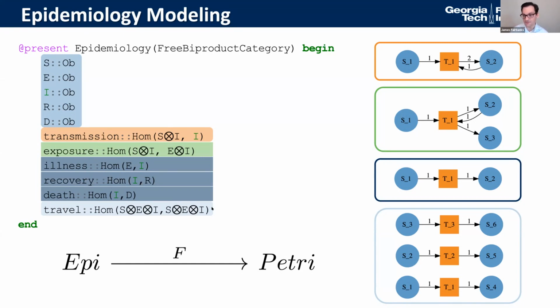So here are examples of some of the primitive Petri nets on the right. This is the two species system with one reaction that encodes infection. This is exposure. And this is a spontaneous reaction where one species turns into another. And then travel, we're going to have SEI travel to SEI.